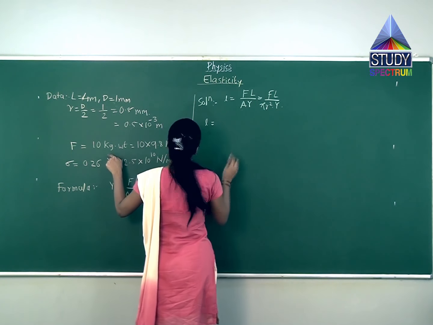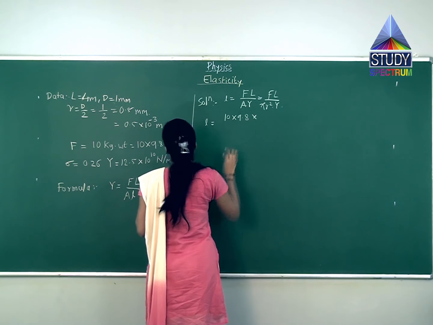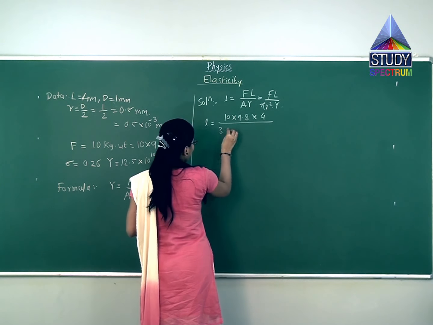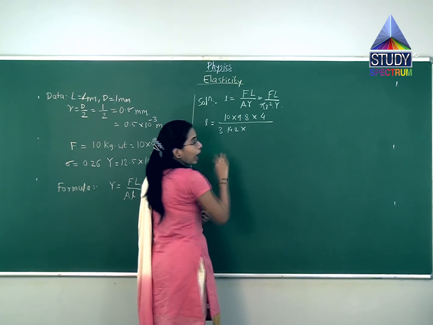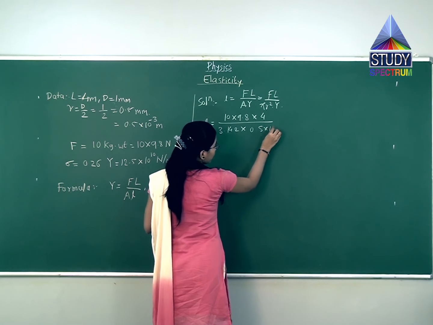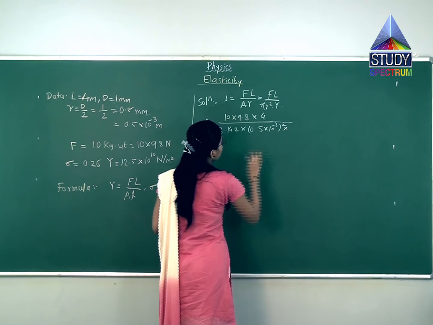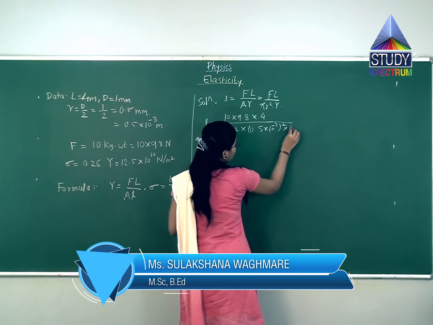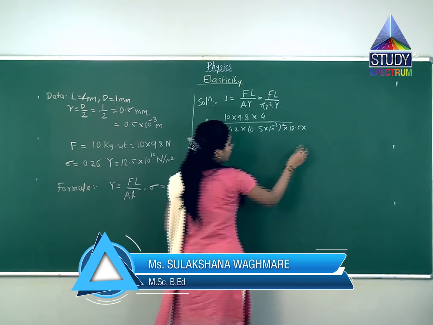Now your force is 10 into 9.8, length of the wire is 4 meter and value of pi is 3.142. Then r square, the radius we have calculated, is 0.5 into 10 raised to minus 3 the square, and we also have to substitute the value of Young's modulus, which is 12.5 into 10 raised to 10.